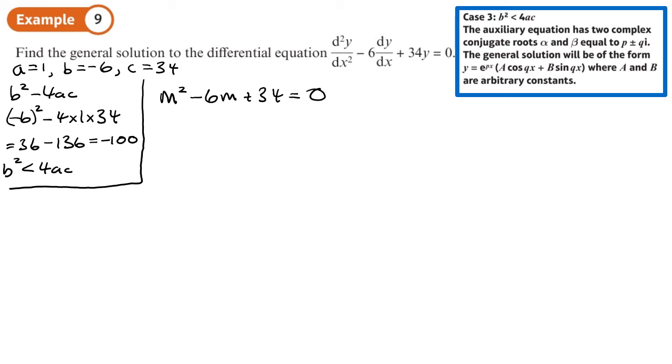because I'm going to get complex roots, so it's probably easier to use the quadratic equation. So minus b plus or minus the square root of b squared minus 4ac. Now I could have just written down -100 because I already worked that bit out, all over 2a.